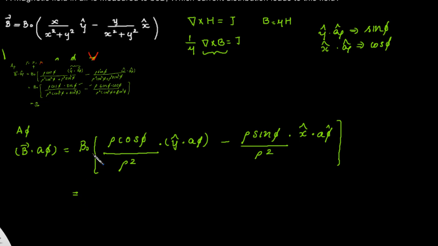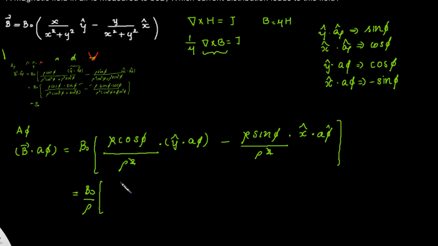This we can rewrite as B naught into rho, taking rho common from both terms, because this and this square will get cancelled. And what is y cap dot a phi? That will be cos phi, and x cap dot a phi will be minus sin phi.